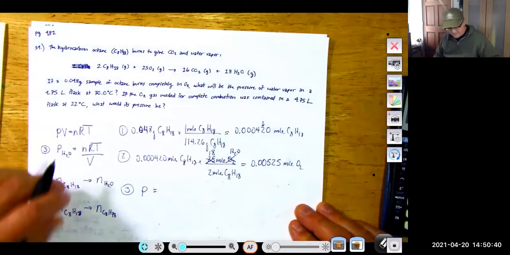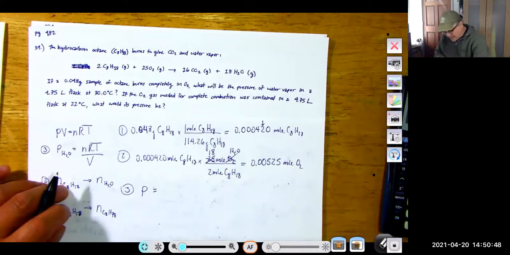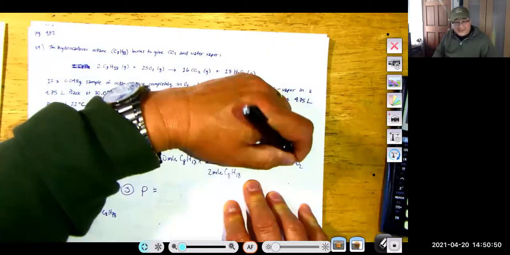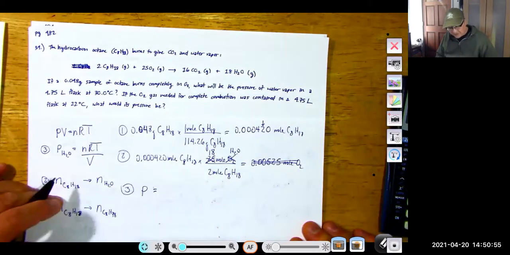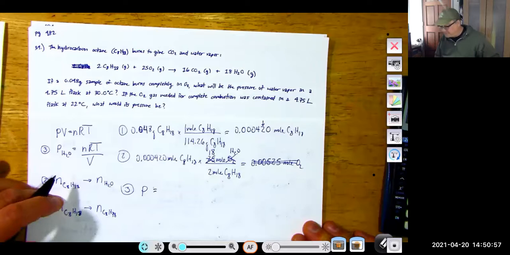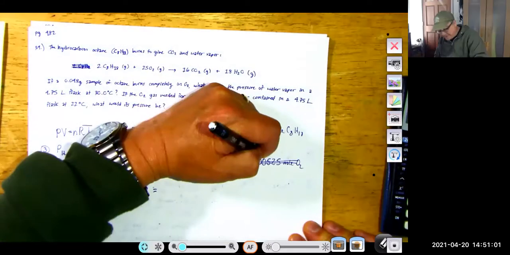Okay. And actually, when we think about it, 2 goes into 18 9 times. 9 times this should be pretty close to 0.0042. Okay, 0.00378.